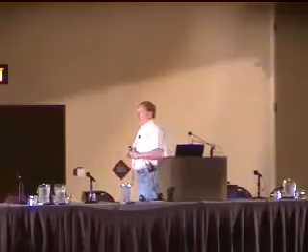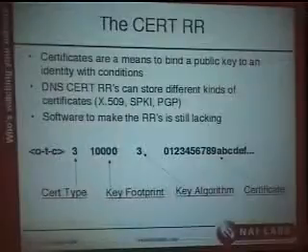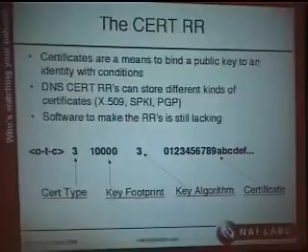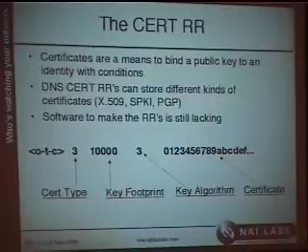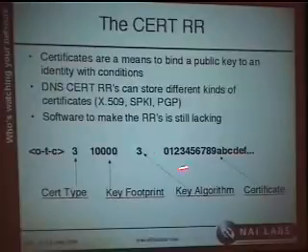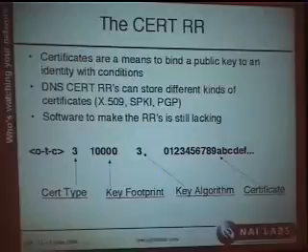The CERT records are a means to bind a public key to an identity with certain conditions, and certificates can be defined under things like X509, SPKI, or PGP, the three formats recognized in DNS. Actually, the format of the certificate, the way it's encoded here, is defined by the certificate itself.